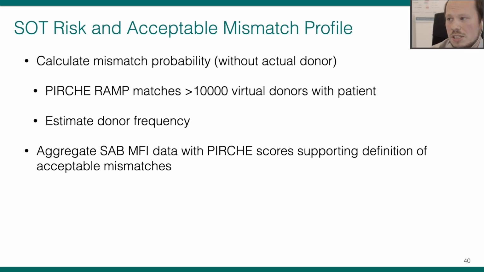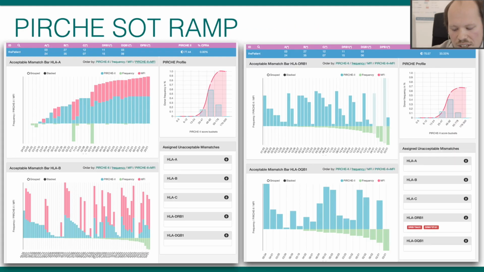However, you could also use something we call the risk and acceptable mismatch profile, where you match 10,000 virtual donors with a patient to get a good idea about the donor frequency in terms of epitope mismatch probability. And if you aggregate this with the single antigen bead MFIs, this is a great tool for defining unacceptables.